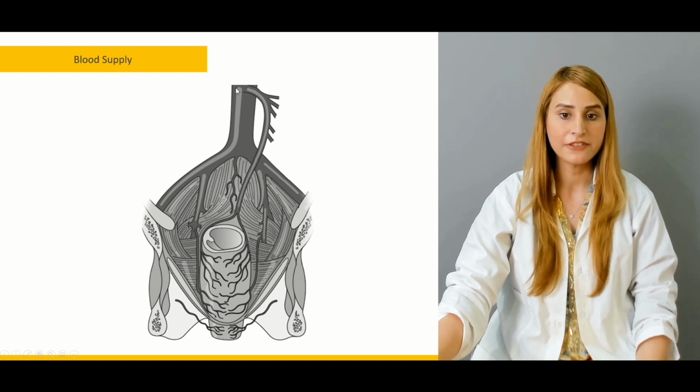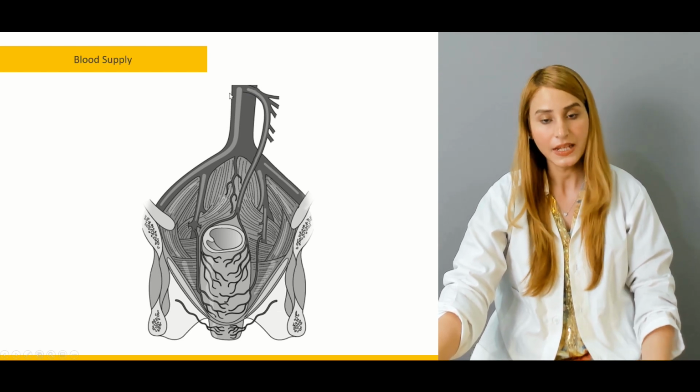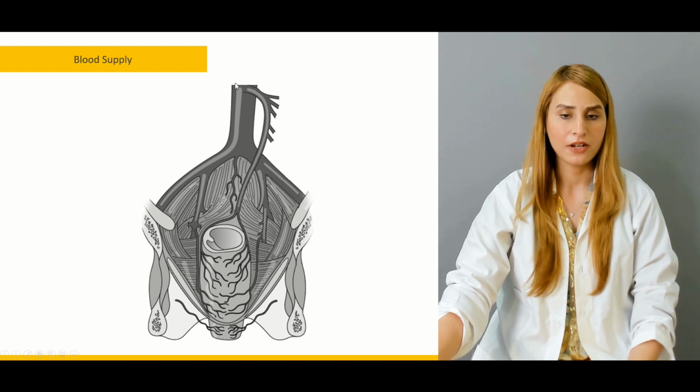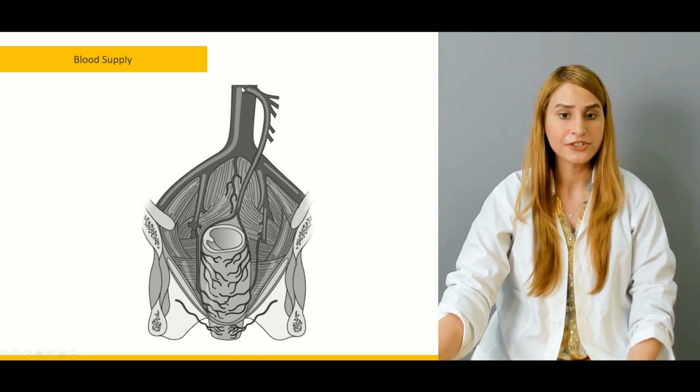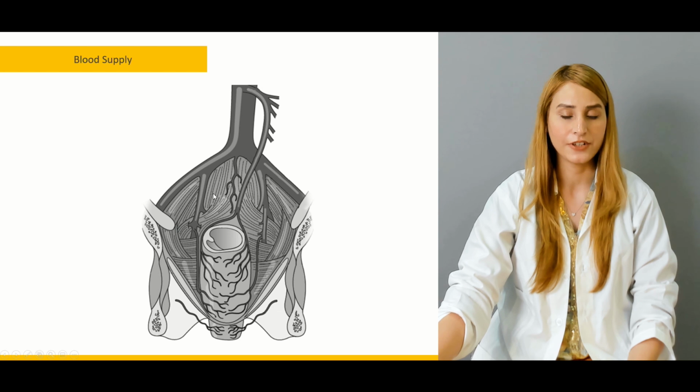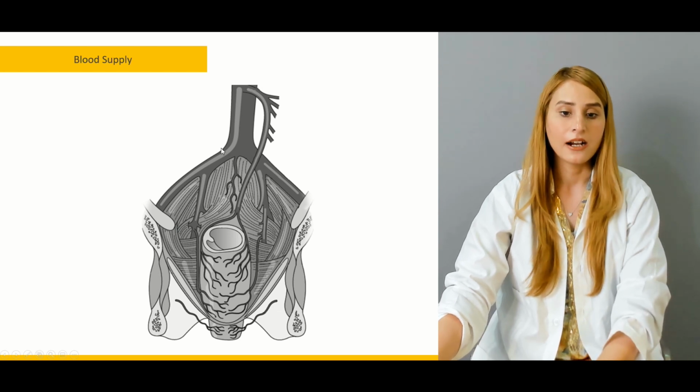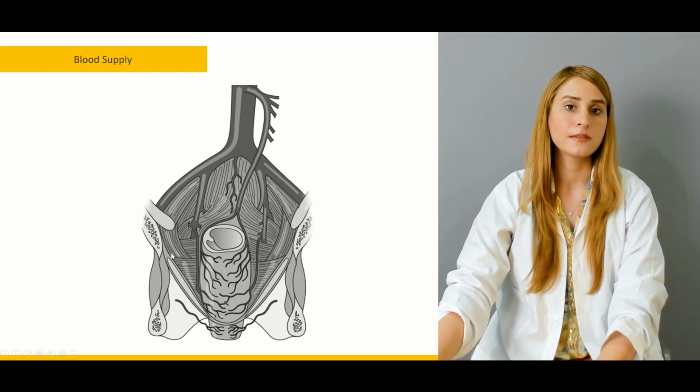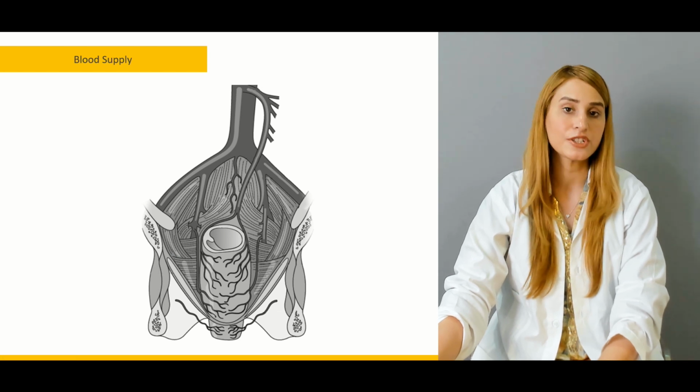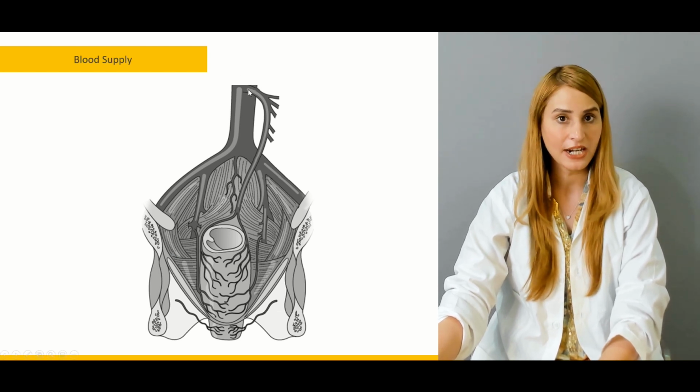We know that the inferior mesenteric artery comes out from the aorta, just near the division into the iliac vessels. So the upper part is supplied by the superior rectal artery, a branch of the inferior mesenteric artery.